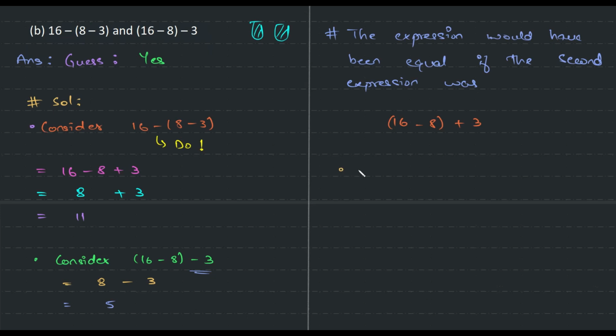Let me write the second possibility also, since I didn't have anything to write over there. Second possibility. Change 16 minus 8 minus 3 to 16 plus (8 minus 3). There are many possibilities actually. This is another possibility.